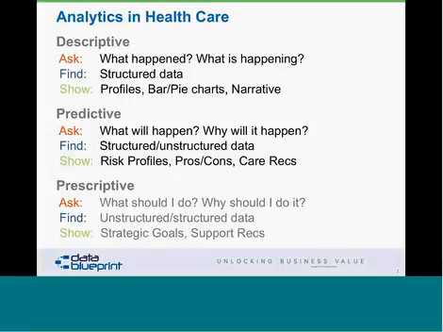That's a descriptive sort of thing, a predictive of what will happen or why does this happen, and a prescriptive model of, well, when it's happened or when it's happening, what should I do and why should I do the kinds of things that I do.